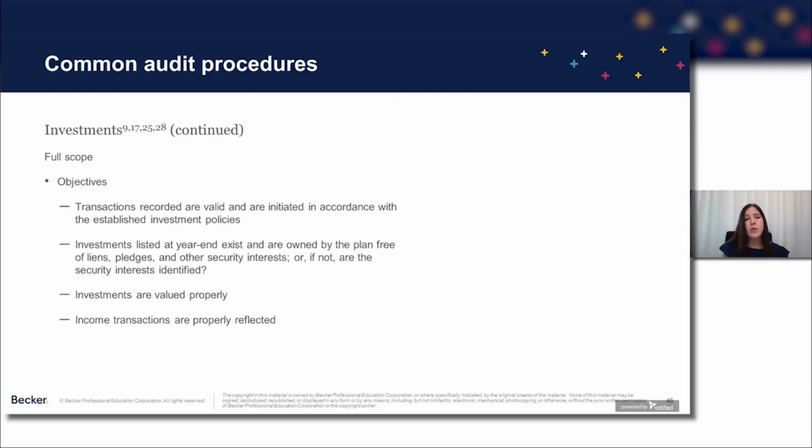In a non-ERISA 103A3C audit, and this is as simple as I could put it, you're testing investment purchases, you're testing investment sales for the realized gains and losses, you're testing the fair value, and you're also testing the unrealized gains and losses.